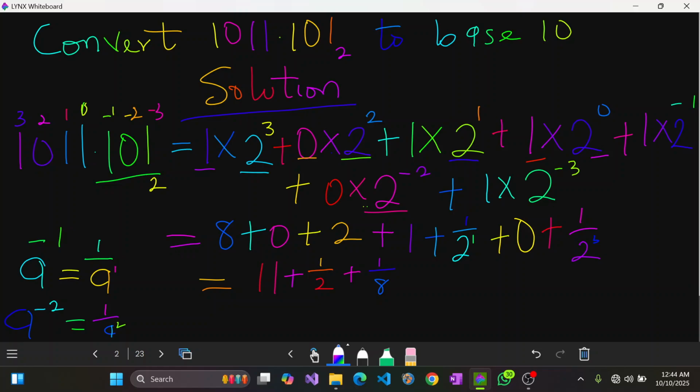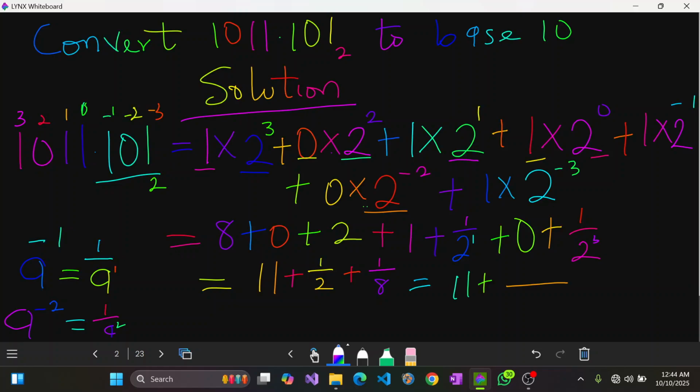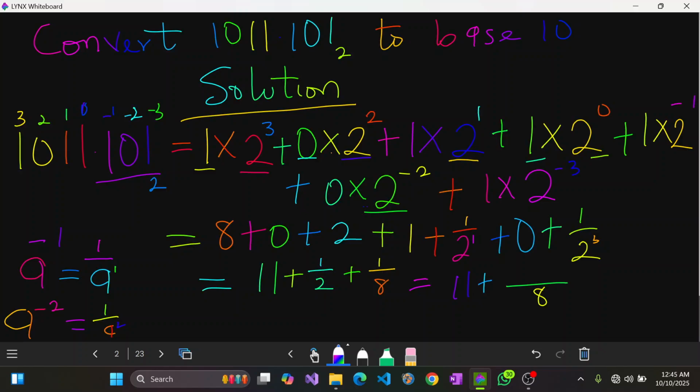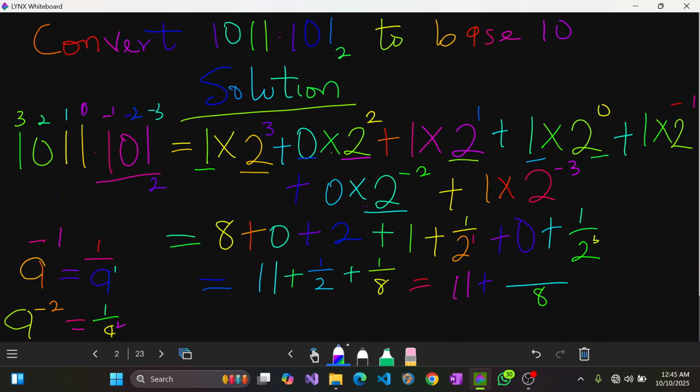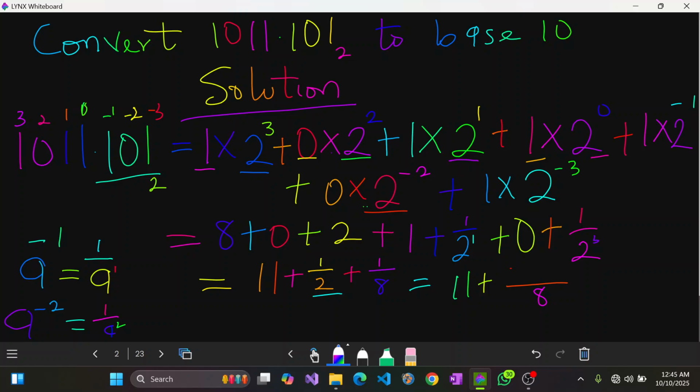The LCM is 8. 2 in 8 gives us 4, and 4 times 1 is 4. Plus 8 in 8 gives us 1, and 1 times 1 is 1.